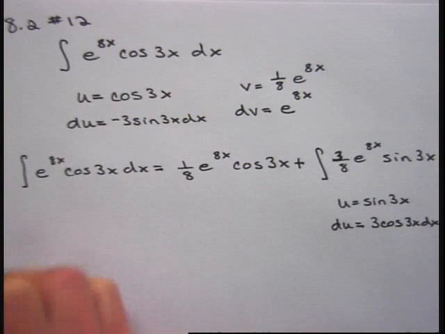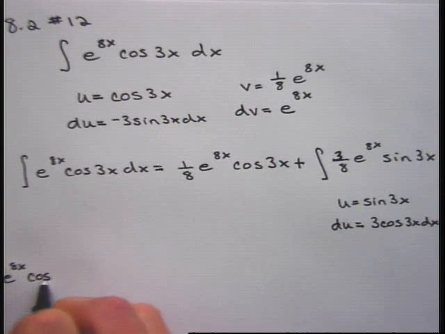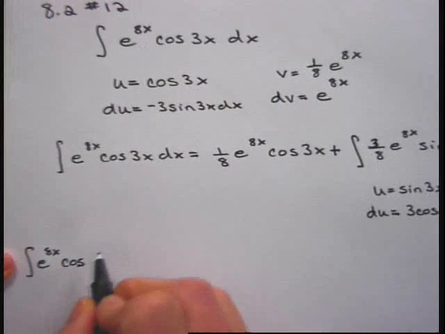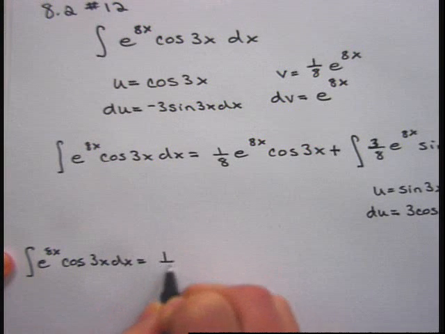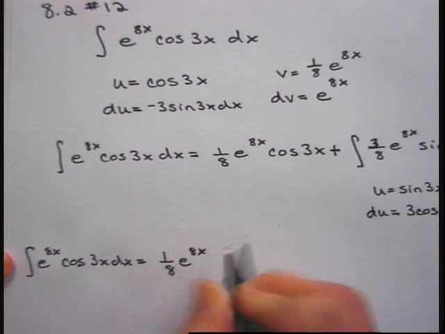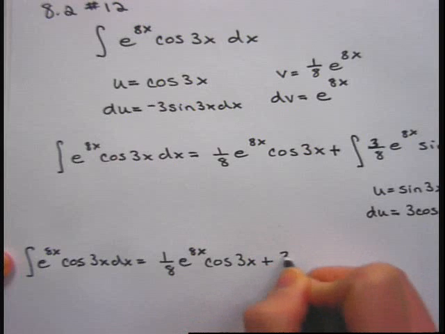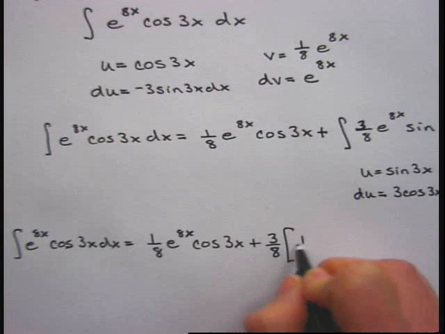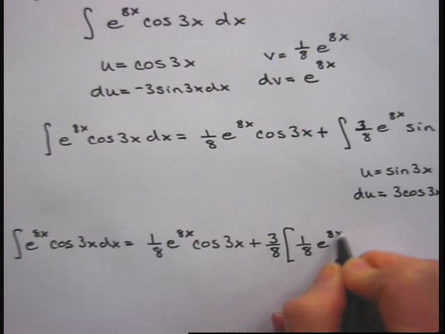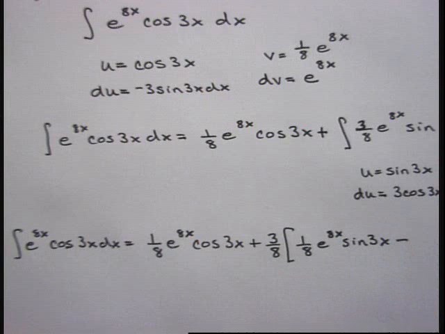Okay, so this right here is the integral of e to the 8x cosine 3x dx. And that's equal to 1/8 e to the 8x cosine 3x plus 3/8 times uv, which is 1/8 e to the 8x sine 3x minus the integral of the voodoo.